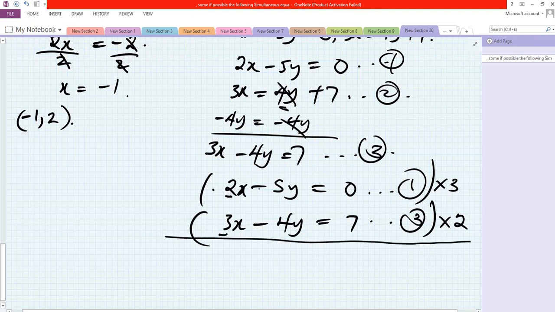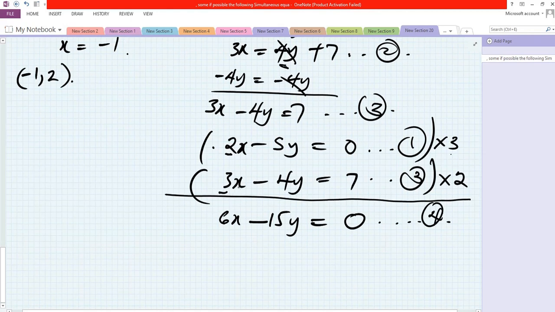So from equation 1, if we multiply 3 all through, 3 times 2x, you have 6x, times minus 5y, you have minus 15y, times 0 is 0. This one becomes equation 4.